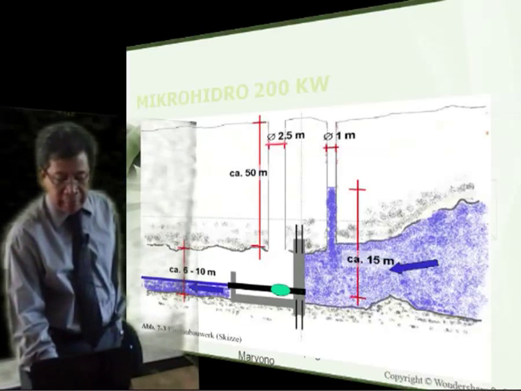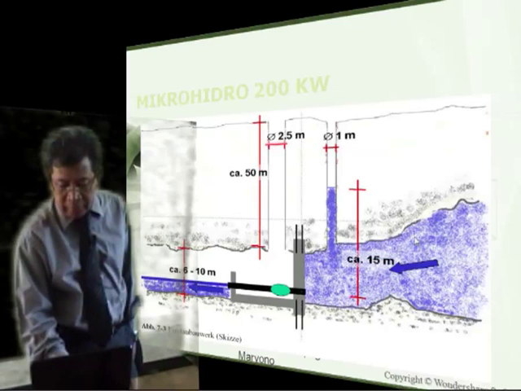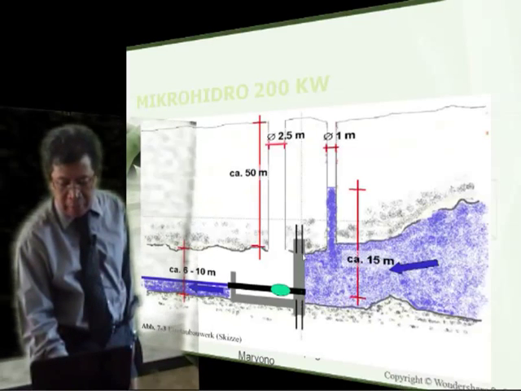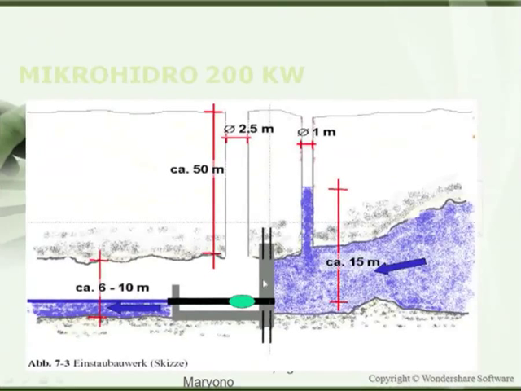Good. Something like that. Here is the underground river, and you can make a barrage or dam here. You dam here, the water will be stored here, for example 15 meters of storage head, and that means you have pressure for the turbine here.